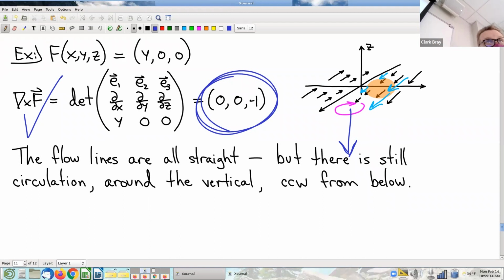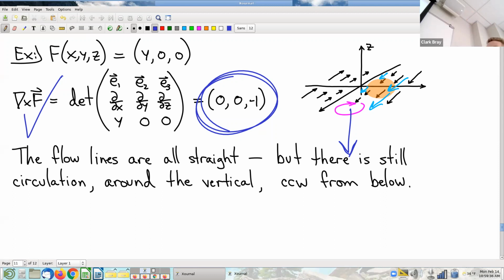Yes? Would you say counterclockwise from below is the same as clockwise? Well, when you're in 3 dimensions, the terms clockwise and counterclockwise do not intrinsically mean anything, because there's always this perspective problem. So this looks clockwise to me, it looks counterclockwise to you. So you always have to give a point of view when you use those terms.